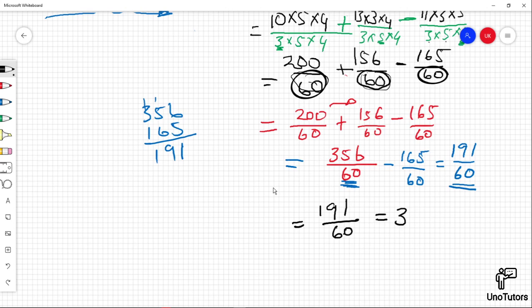It's 3 times. 3 times 60 would be 180, meaning you have literally 11 left, and you can't simplify this.